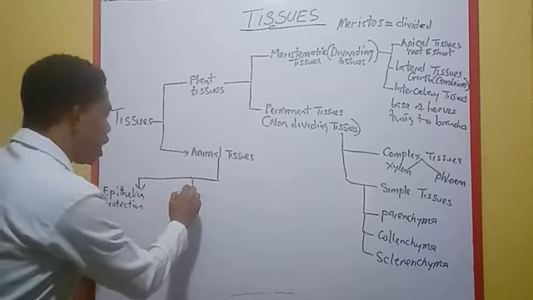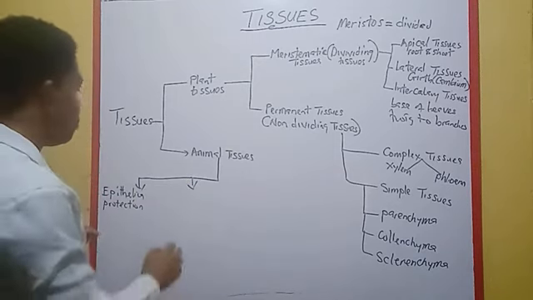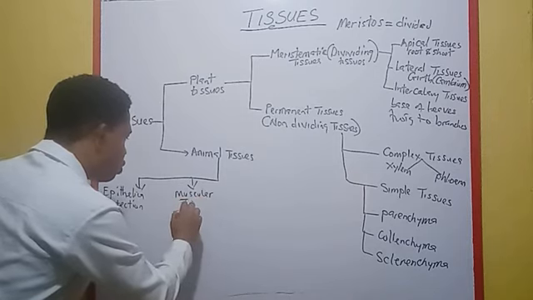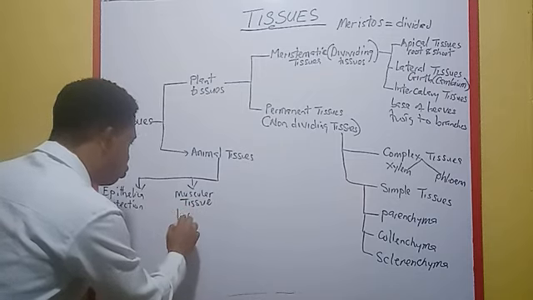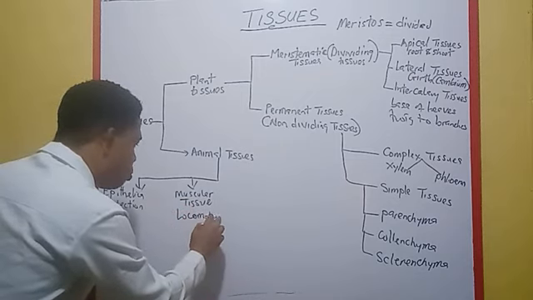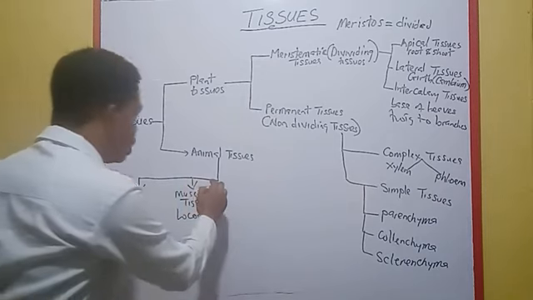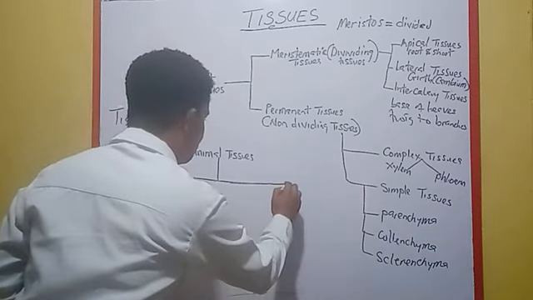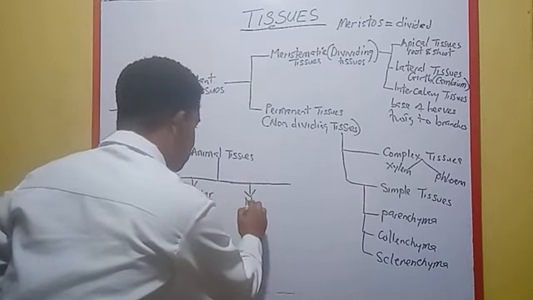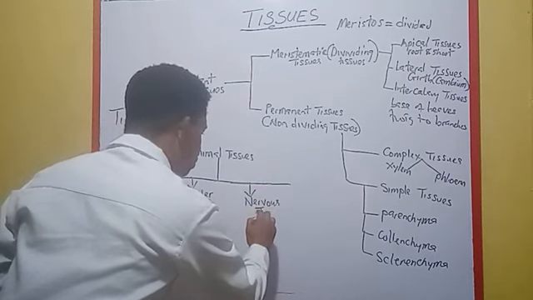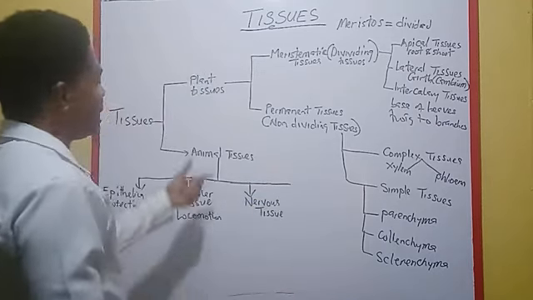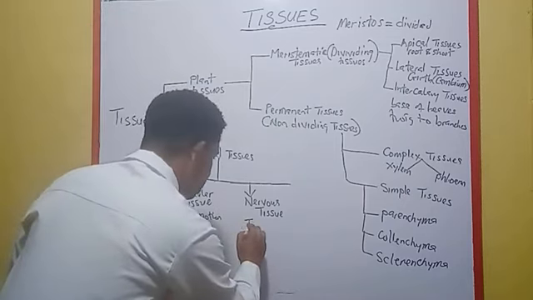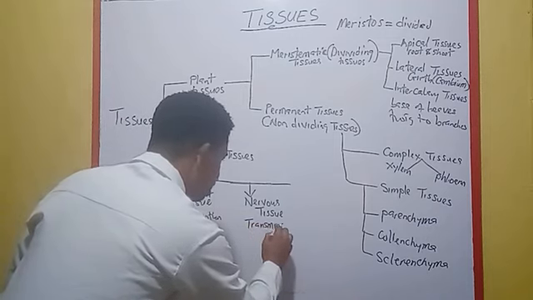Number two, we have the muscular tissue, which performs the function of locomotion or movement. Number three, we have the nervous tissue, which performs the function of transmission of signals.